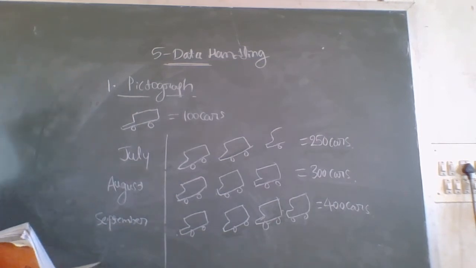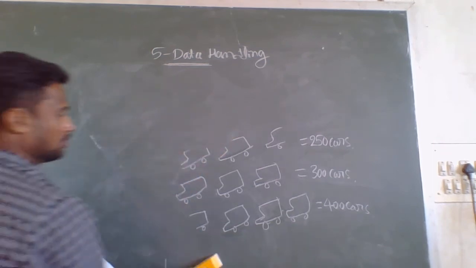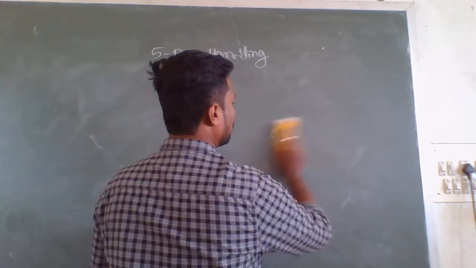So this is the first type of data representation. The second type of data representation is bar graph.